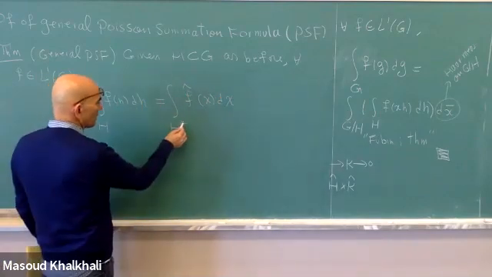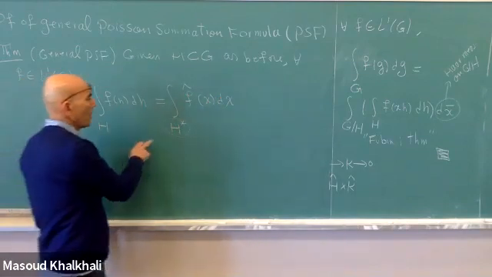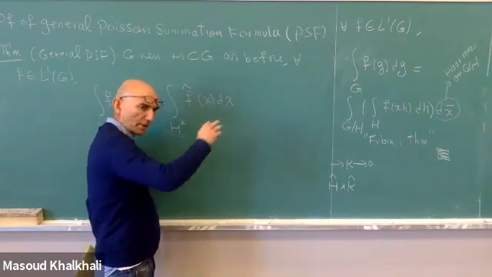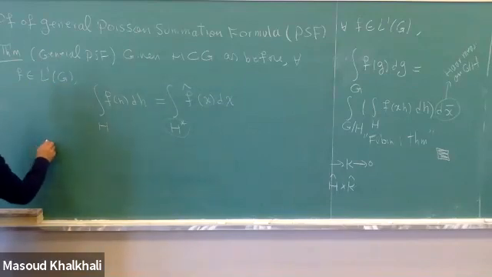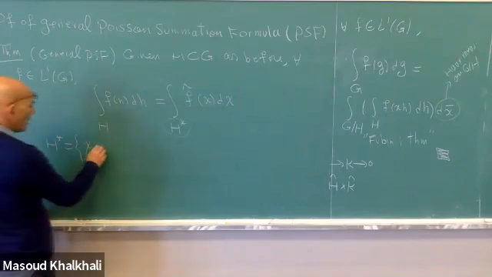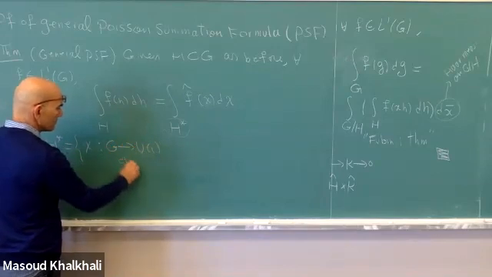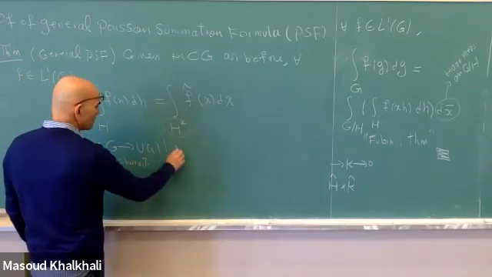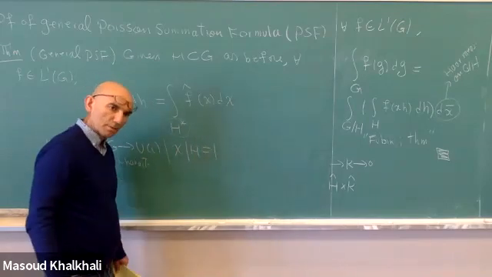Let me explain this H star, because we are not in the torus case, we are not in R^n, we are working abstractly. So what is H star? This H star is the set of all characters chi of G such that chi restricted to H is identically equal to 1.